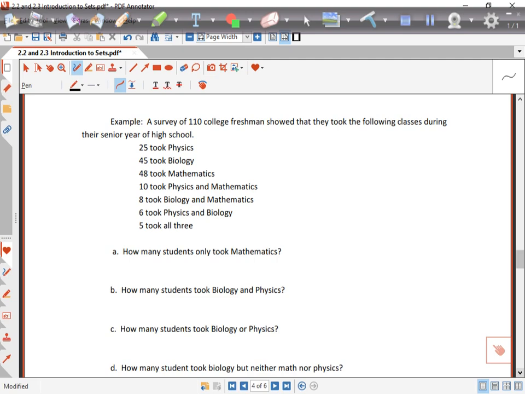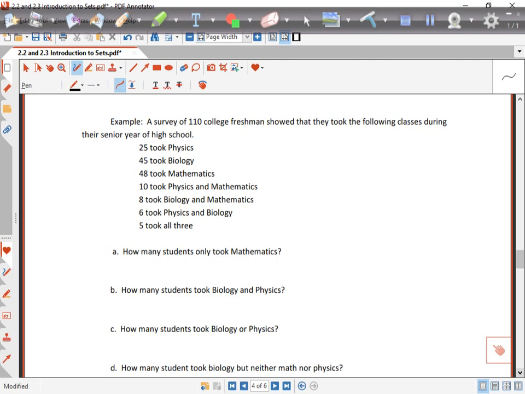We have 110 college freshmen who showed that they took the following classes during their senior year of high school. 25 took biology, 25 took physics, 45 took biology, 48 took math. And then we have combinations. 10 took physics and math, 8 took biology and math, 6 took physics and biology, 5 took all 3.